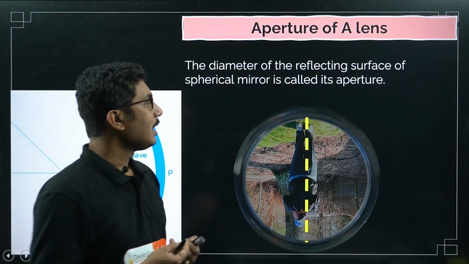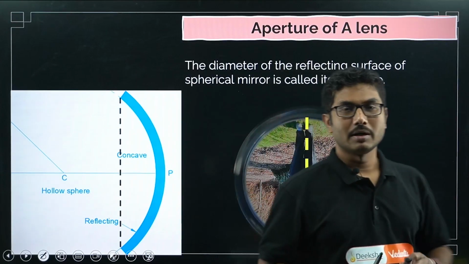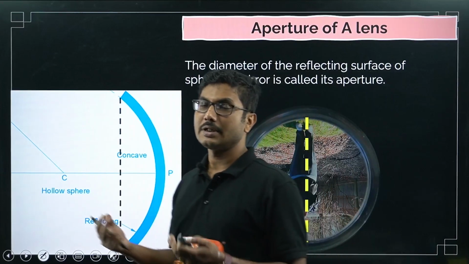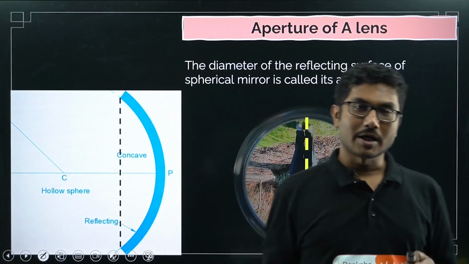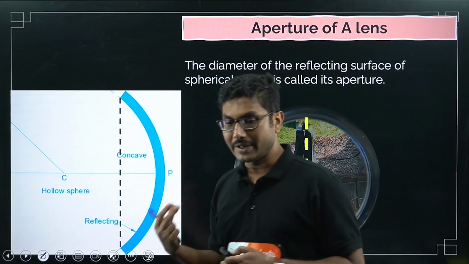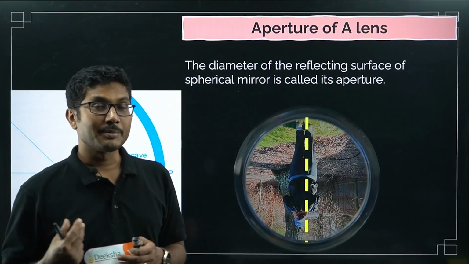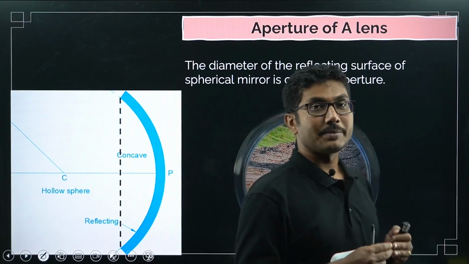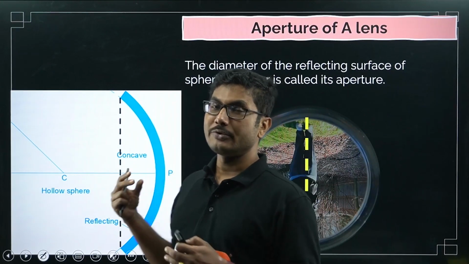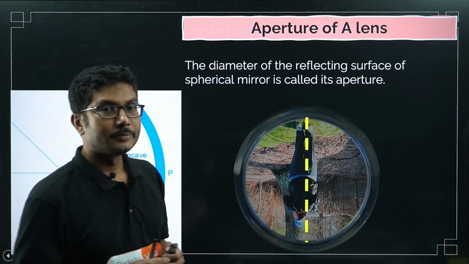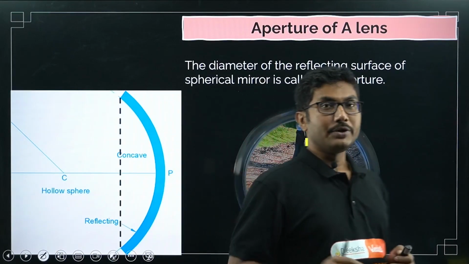It is important in astronomical uses. Okay, higher the aperture, better image you can capture from objects which are very far away. Smaller the aperture, it will be a highly contrasting image, so it will be a very clear, crisp image, but it will not be so bright. If the aperture is more, the image may not be highly crisp, but it will be very, very bright.